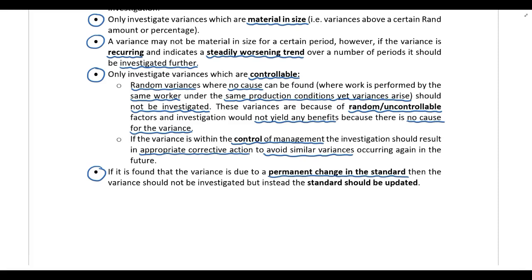You're going to have a lot of unfavorable variances because the actual price is going to be higher than the standard price that you set at the beginning of the year. So investigating those variances doesn't make any sense because the cost of material has changed. There's a permanent change in the standard. So if this happens, the variance should not be investigated, but instead the standard should be updated.